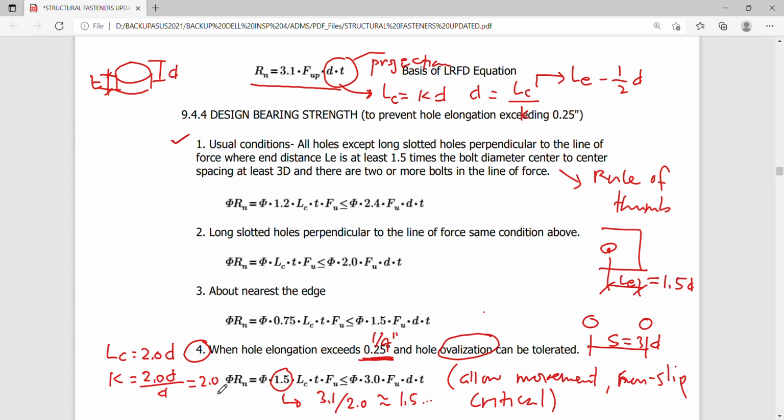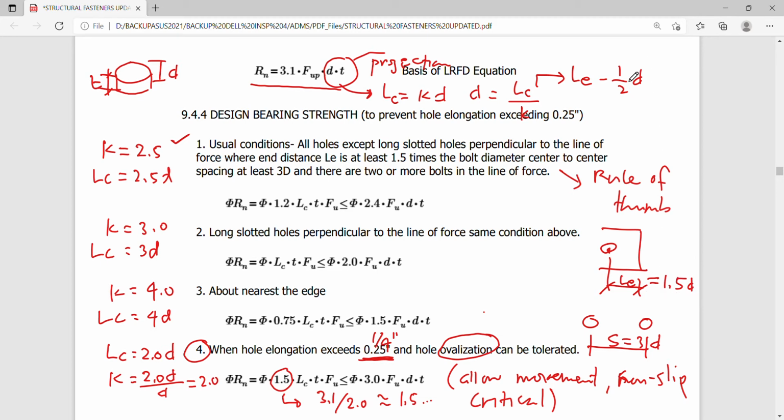Okay, so if K has a value of 2 here, then using the same result, my K here will simply be equal to 2.5. And my K here will simply be equal to 3, and my K here will simply be equal to 4, noting that always your LC is simply equal to the K value multiplied by D. LC is 3D, and LC here is 4D, which are actually conservative values, very much greater than LE.